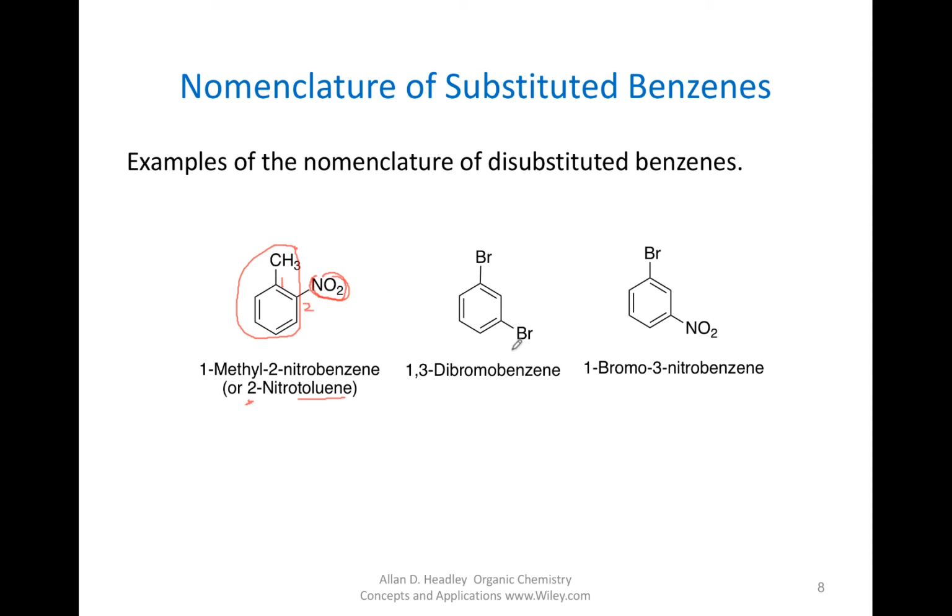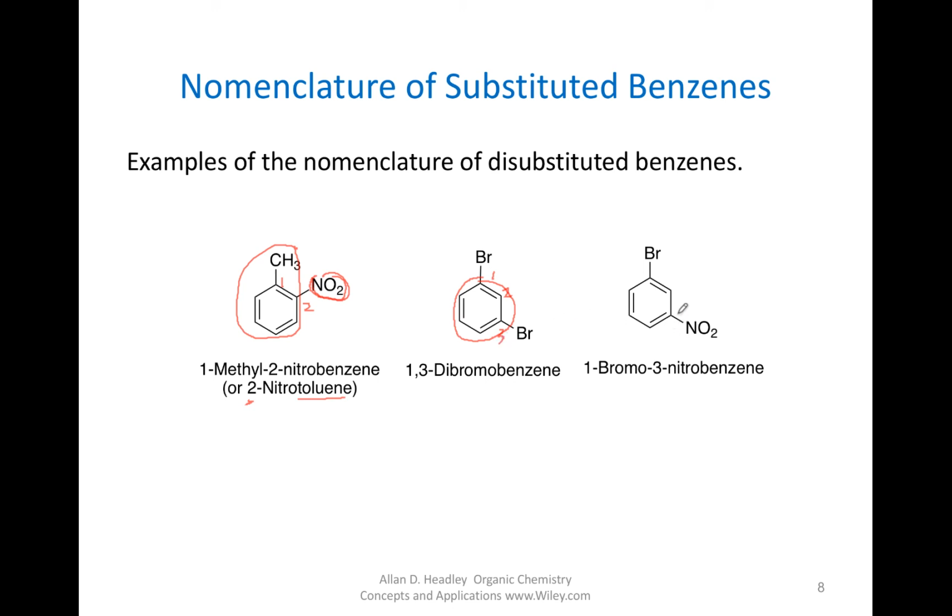This molecule does not have a feature in the previous slide, so therefore we will just recognize the benzene ring here, so it's going to be a dibromobenzene. Notice again, it's a 1, 2, and 3 relationship, so it's a 1,3-dibromo.